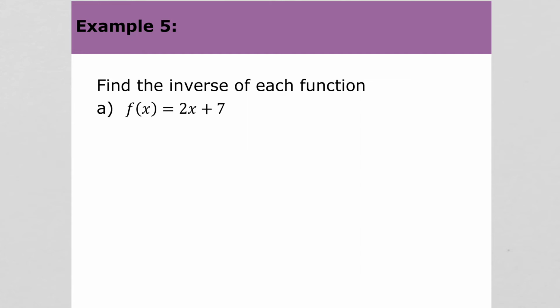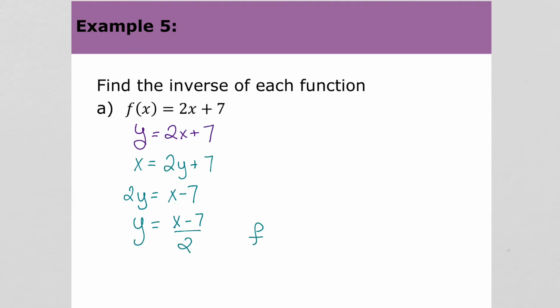So we have f of x equals 2x plus 7. That's the same thing, remember, as y equals 2x plus 7. So to find the inverse, we plug in x for y and y for x and solve for y. So we've got 2y equals x minus 7, divide by 2.